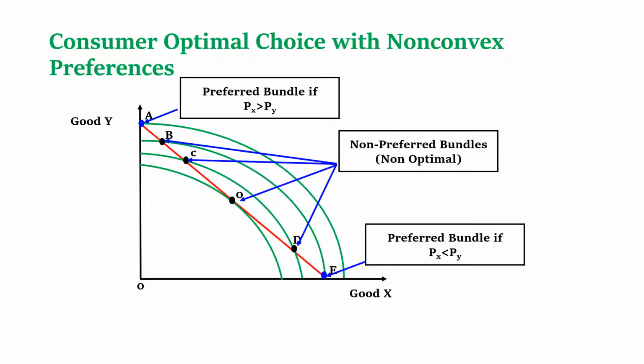In other words, we don't have any interior optima in this case. So the solution to the consumer's problem is at a corner point, and so we have a corner solution.